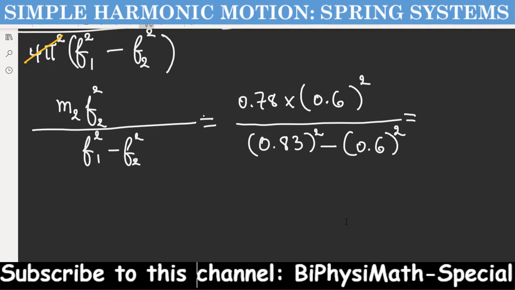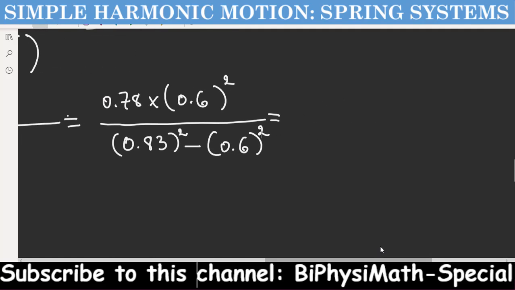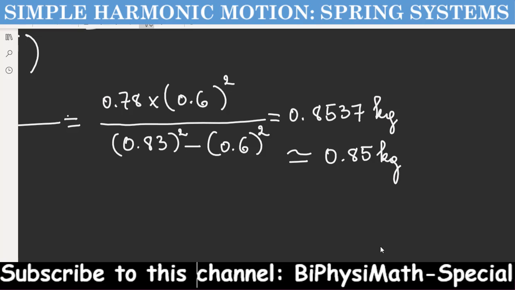We got 0.853 kilogram. We round off to get 0.85 kilogram.